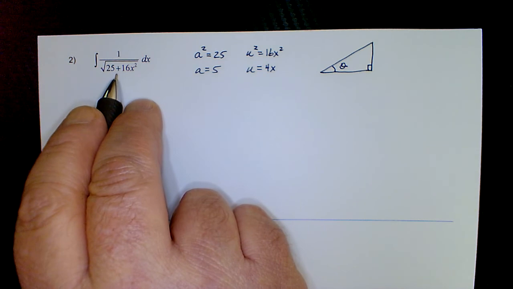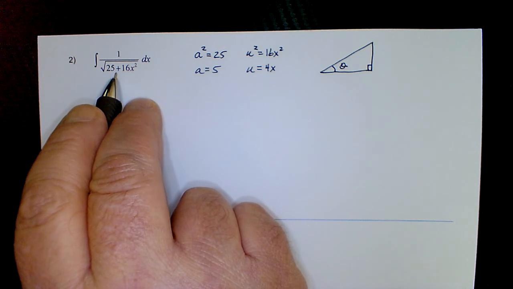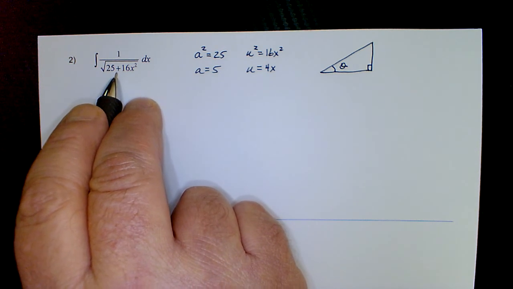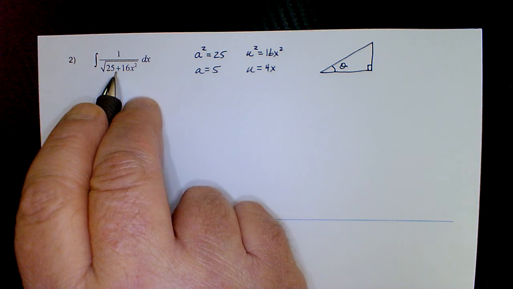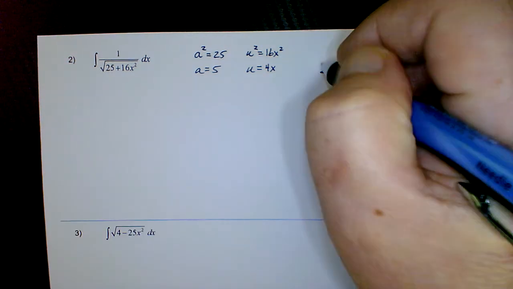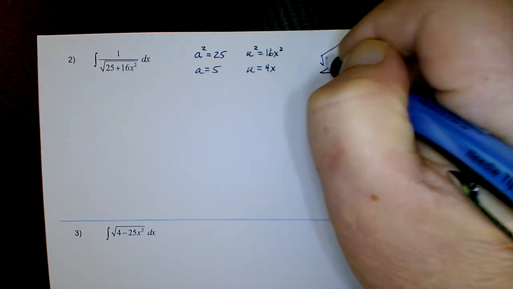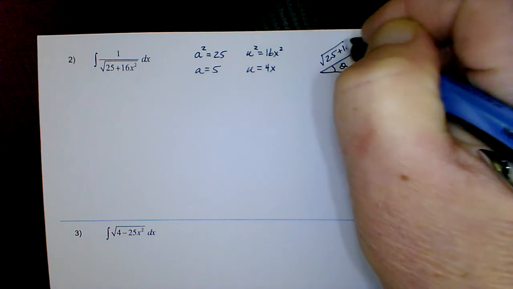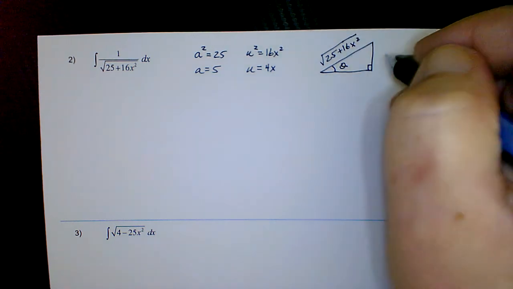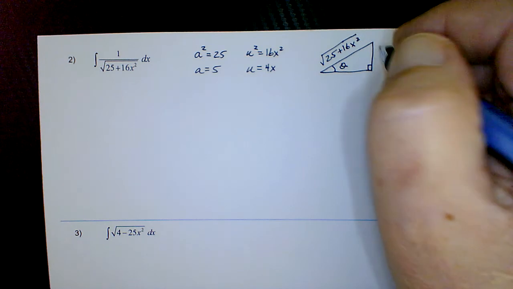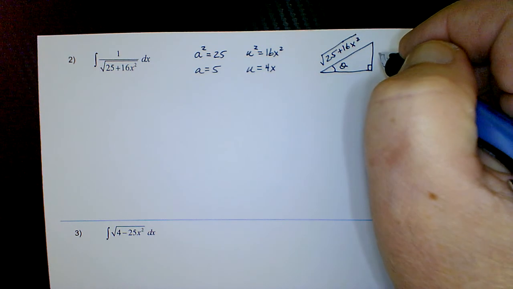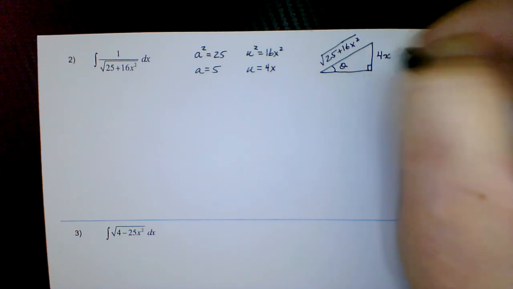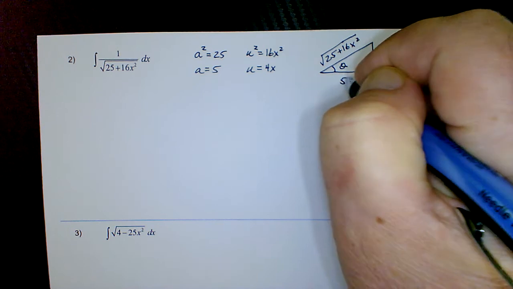That's dependent on the sign between the two terms under the radical. Since it's a sum, the radical part is the hypotenuse, so I'm going to label that right away. Then you could label your u and your a arbitrarily, but I'm going to choose u to be opposite of the angle theta. There's a reason for that we'll explain in a moment.